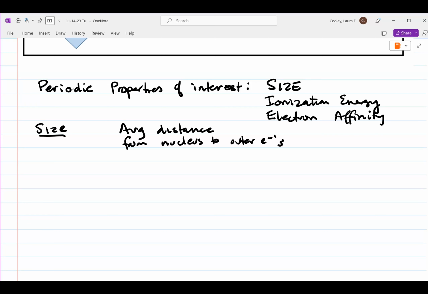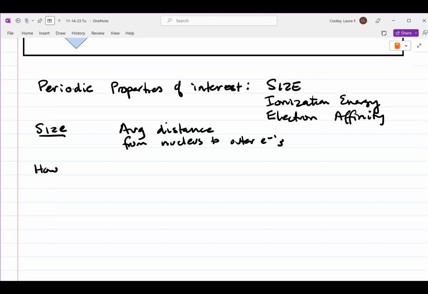So that's why we could find an average. That's what this really is, a size thing. It's not a definite thing, but it's an average distance. Anyway, the size of an atom varies with the N value of the outer electrons and the effective nuclear charge.